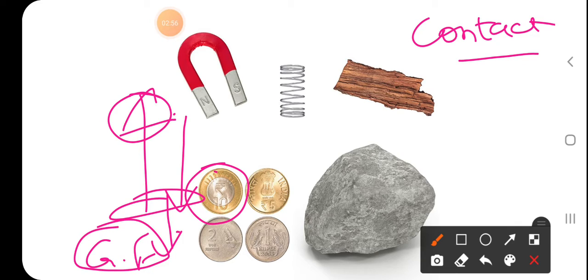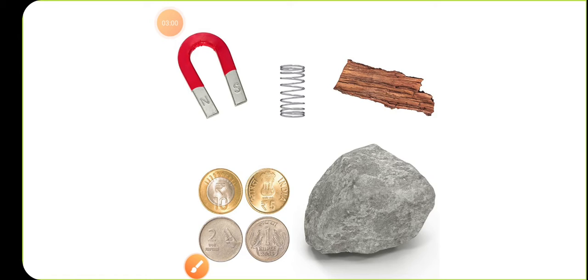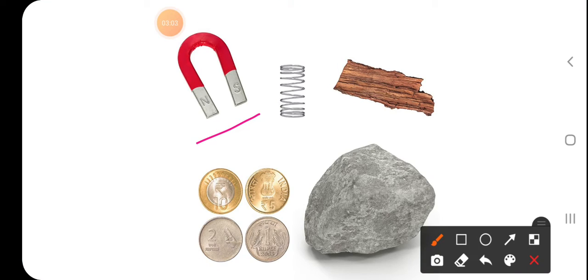Now the next one: if you bring a magnet near the spring without touching it, you will find that the spring is pulled towards the magnet.